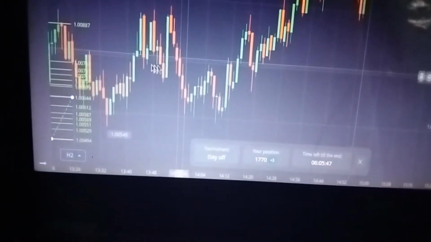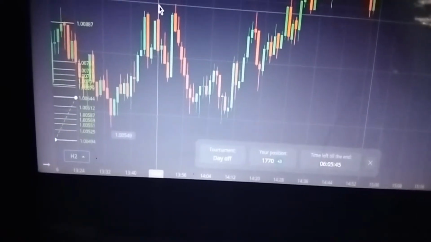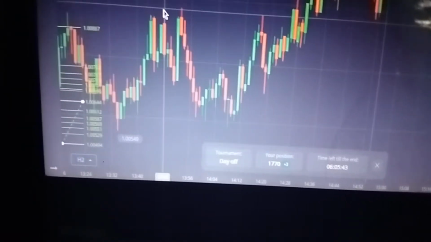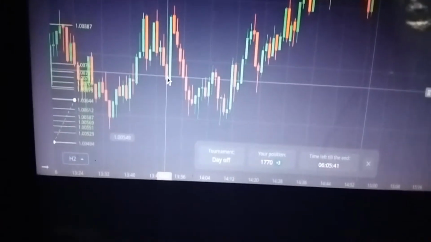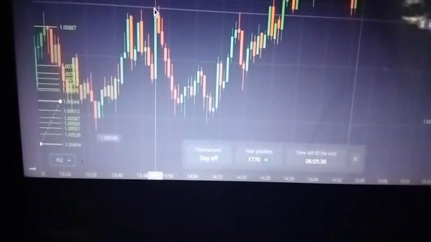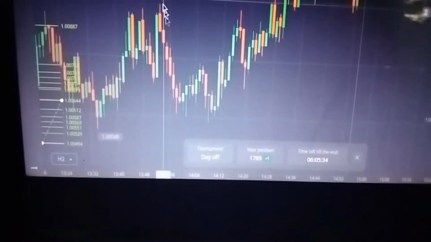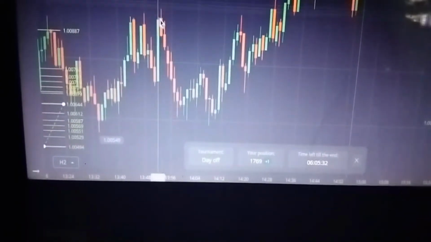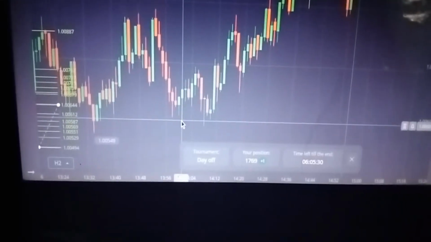So from up there, down there, boom, external to internal. Now our range is from there to there, and boom. Now our range is from there to there, boom, right?